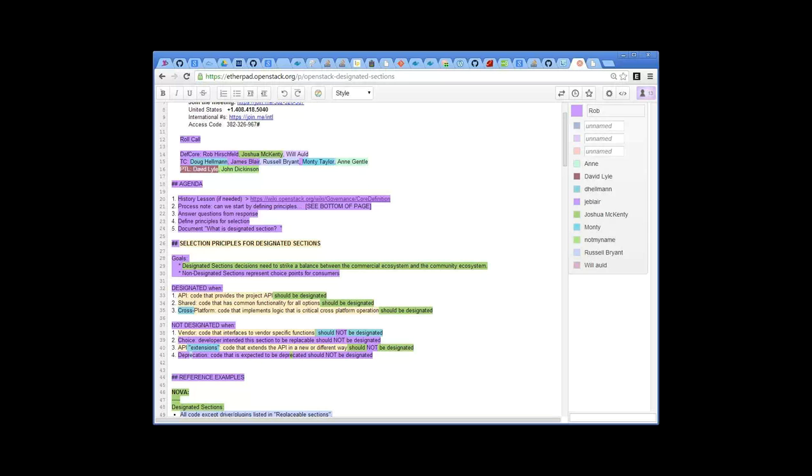Yeah, and I think having those principles and starting the process of declaring the designated sections based on those will help us with the thing that I'm most worried about, which is some kind of consistency, some sort of overriding theme as we go through each of the different projects. Yeah, I agree.